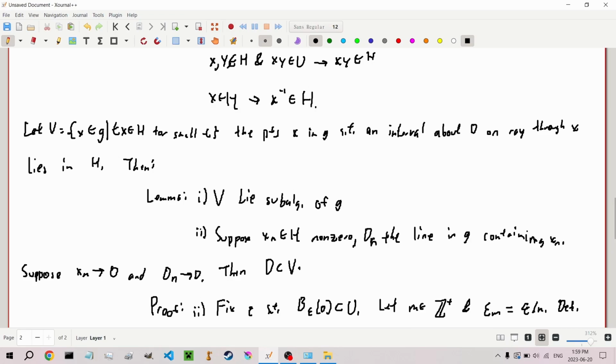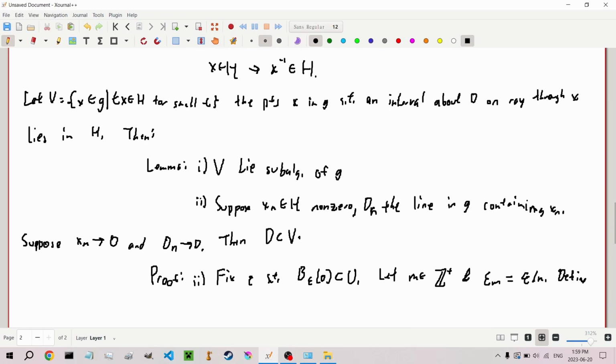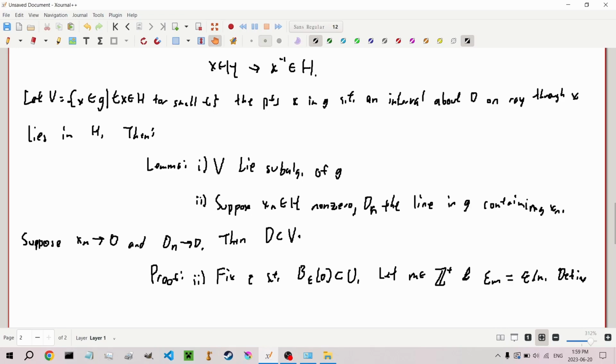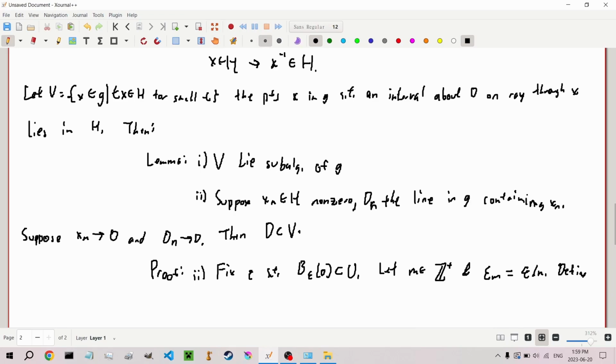We define each S_i to be the x such that the absolute value of x is between (i minus 1) times epsilon_m and i times epsilon_m.